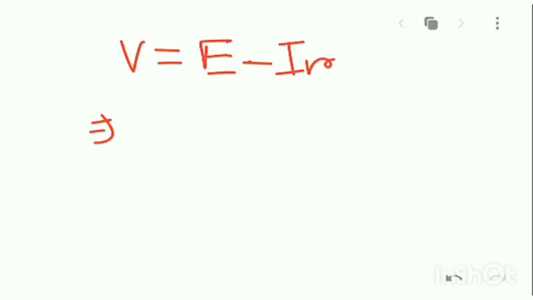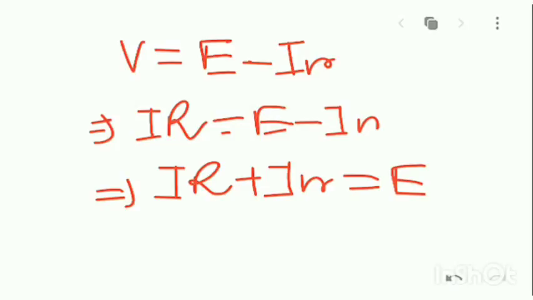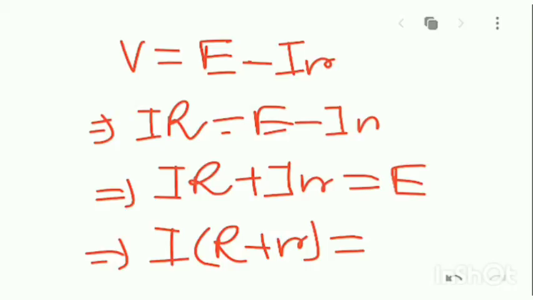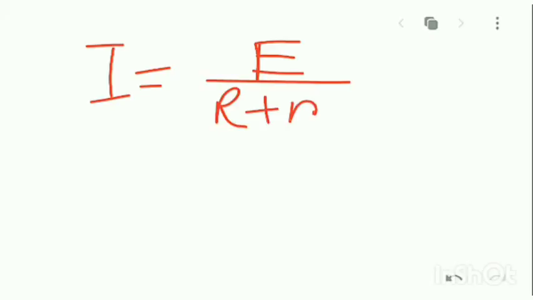Capital V, in Ohm's law, is I into R, and it is E minus I r. So I R plus I r equals E, or I into R plus r equals E. This formula we have derived before, but for your ease I am showing it. You don't need to derive it during numericals. You can directly write in your formula that the current flow I equals E by R plus r.